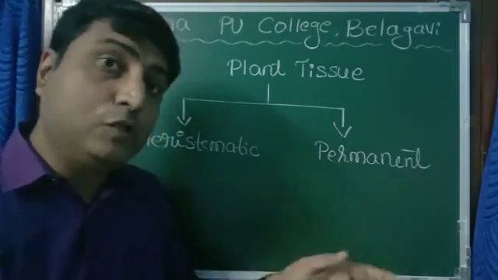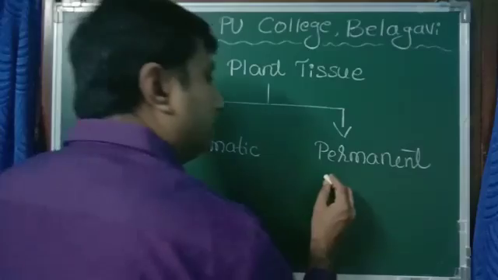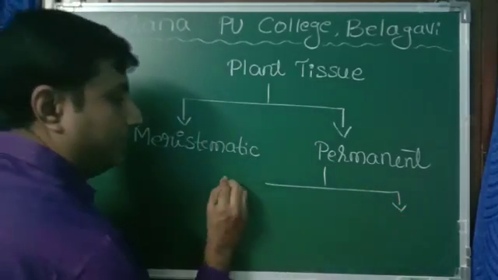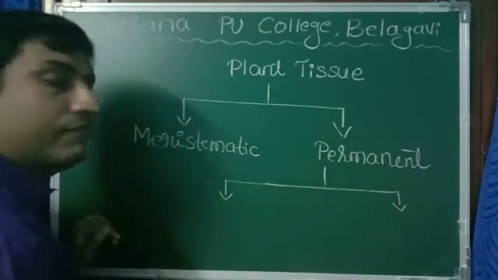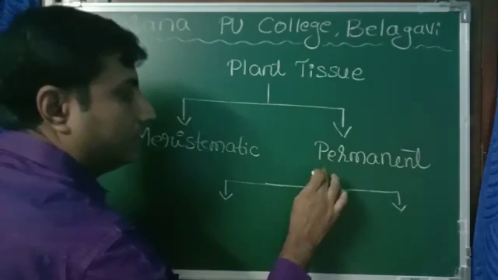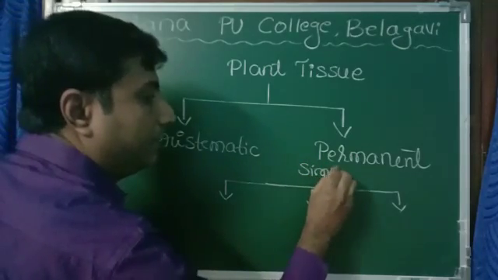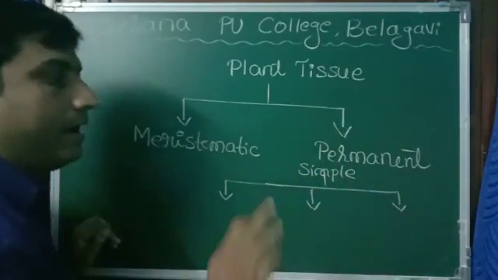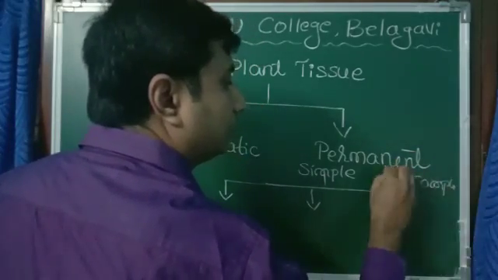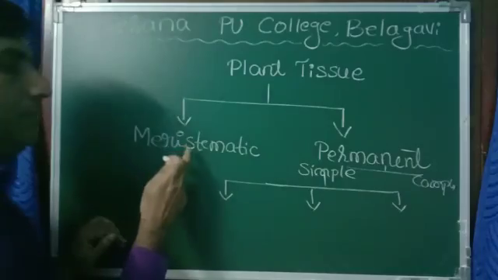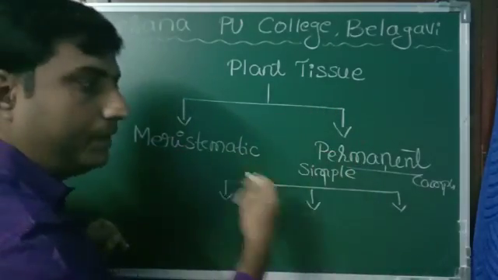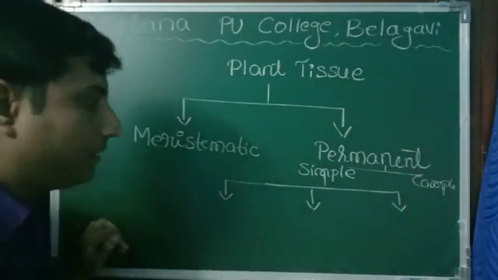Now, permanent tissues are again classified as simple permanent tissue and complex permanent tissue.